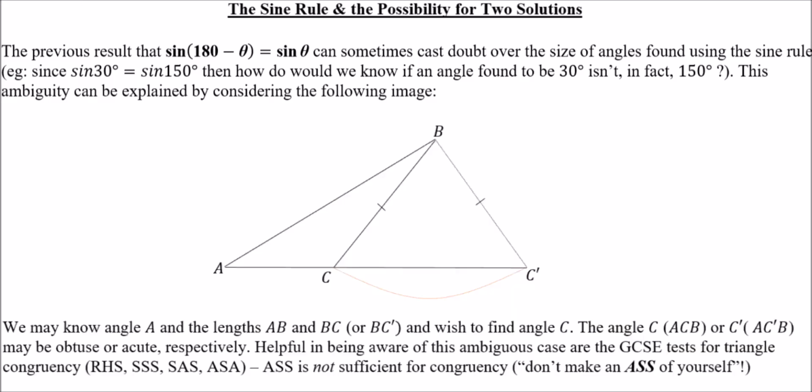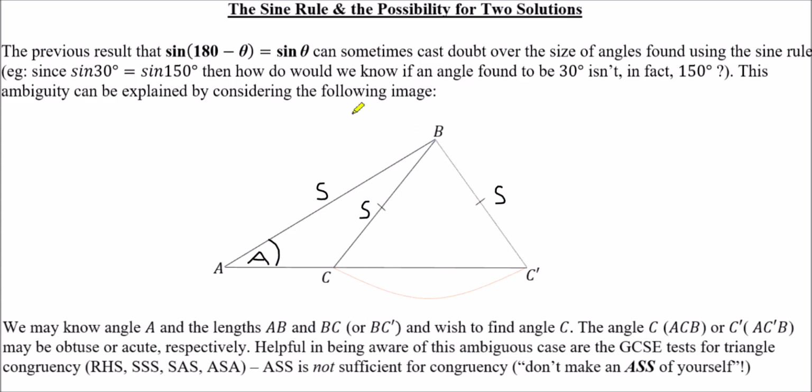So what I'm trying to say here is that you might know this angle at A, and you might also know the length AB, call that S, and BC, which is here, or BC dashed if it's in a different location. And you might want to be finding angle C here.